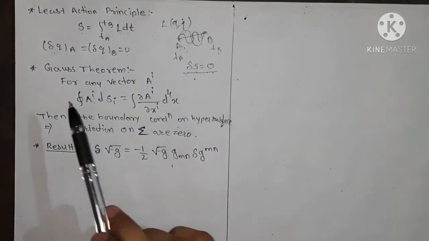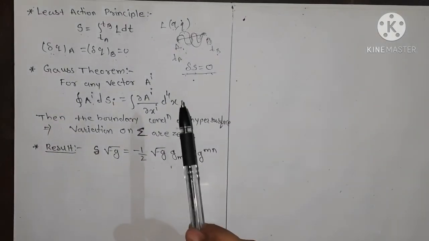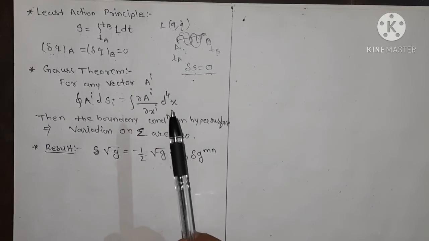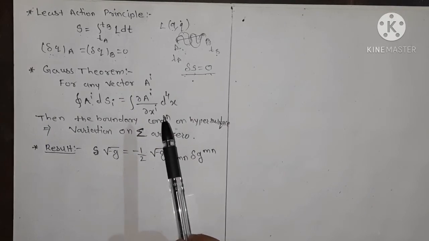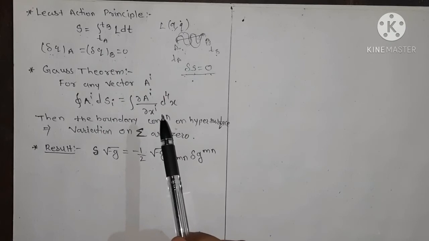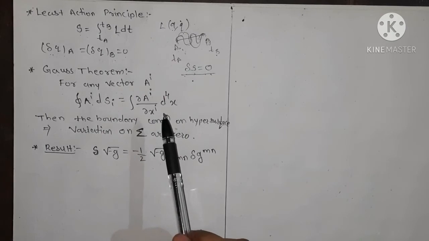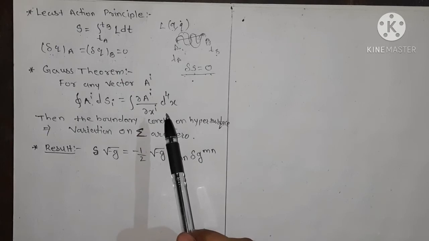We also saw some types of integrals: the integral on a curve, the integral on a two-dimensional surface, and the integral on a hypersurface. A hypersurface is nothing but a three-dimensional surface in a four-space.